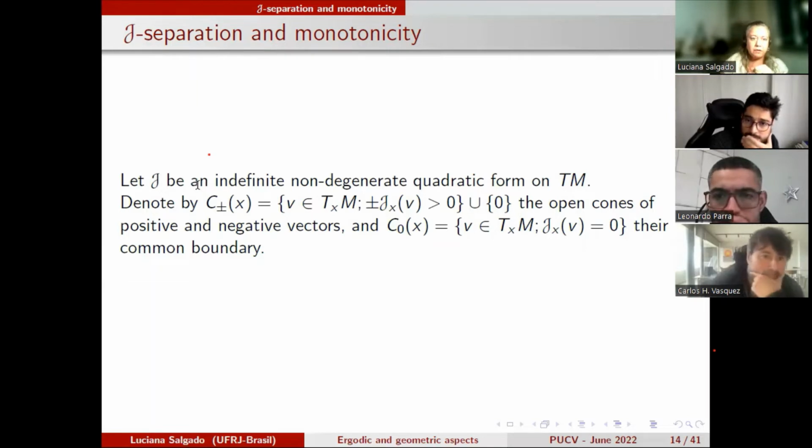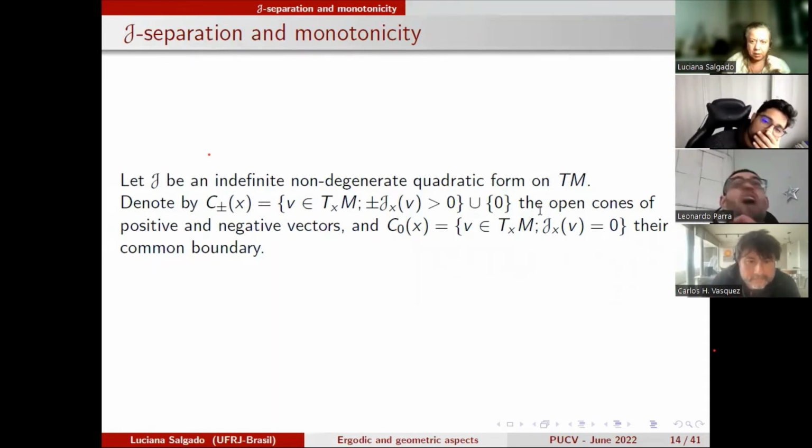I have J, a family of indefinite non-degenerate quadratic forms on the tangent bundle, and I denote by C plus or minus the open positive and negative vector cones, and C0 is their boundary.